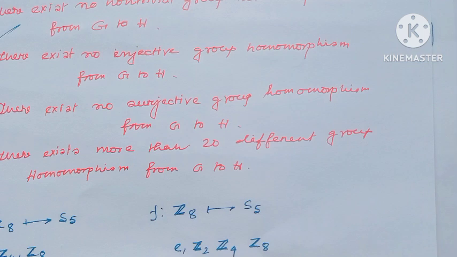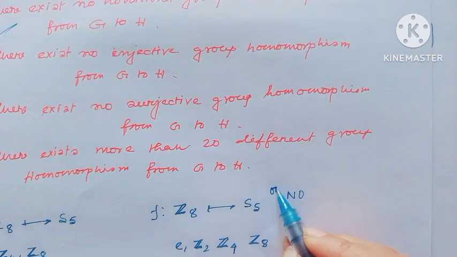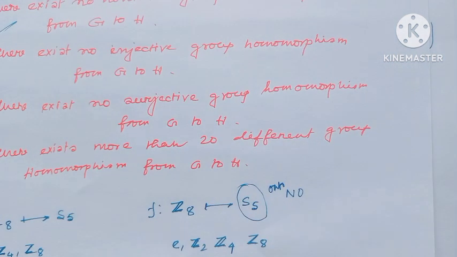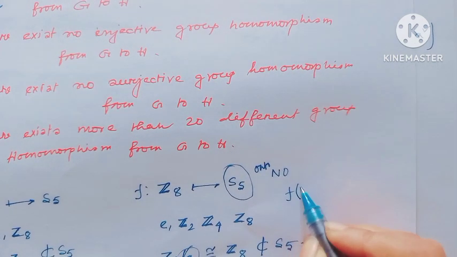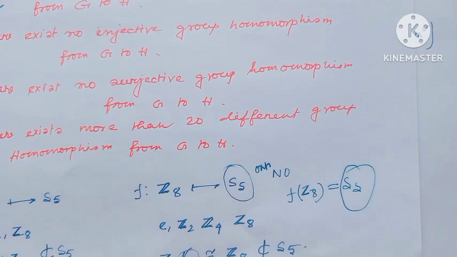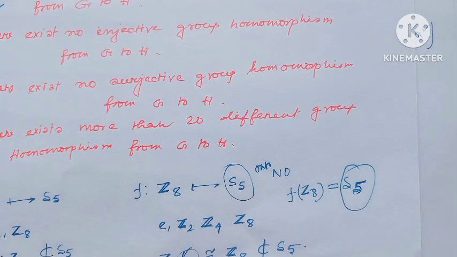Option 3, there exists no surjective group homomorphism from G to S. Is it true? Does an onto group homomorphism exist from Z8 to S5? No, because the order of S5 is more than the order of Z8. When an onto homomorphism exists, then f of Z8 would be equal to S5, but the order of S5 is more than that of f of Z8.